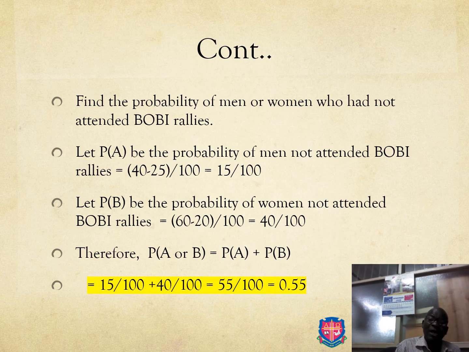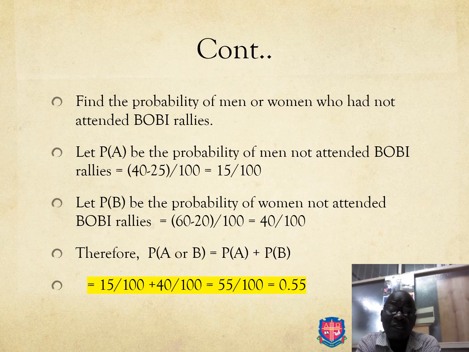If you recall our formula for calculating probability, the probability of any event E is equal to the number in E over the total possible outcomes. So you take the 40, subtract the 25 who attended, you get 15 out of 100, and those are men who did not attend.